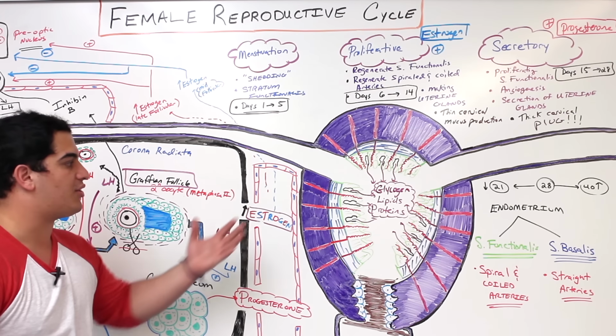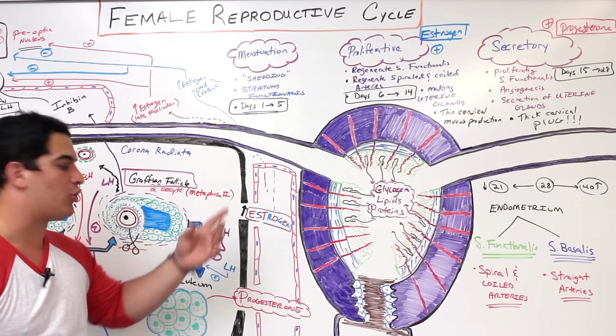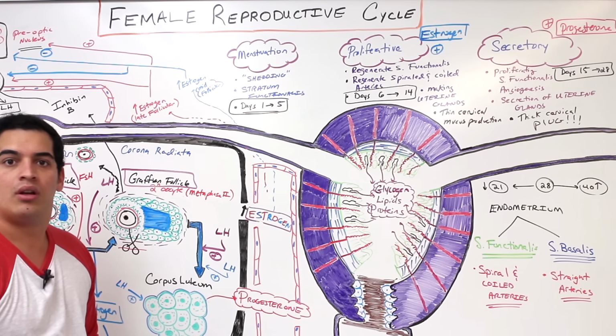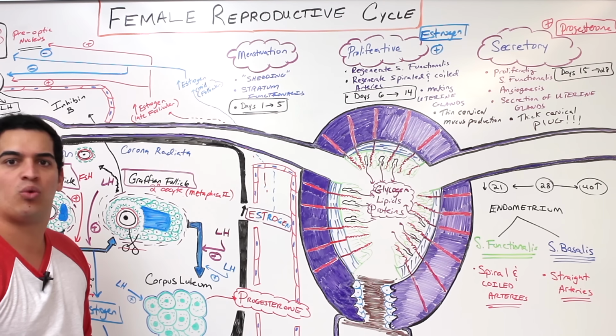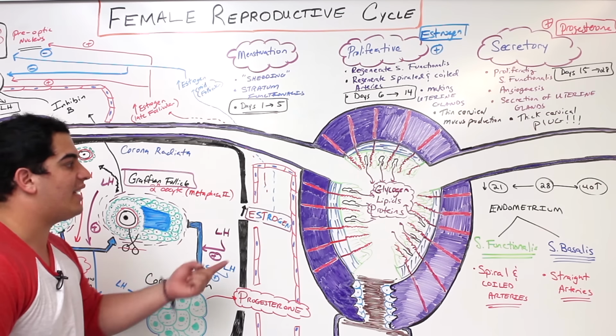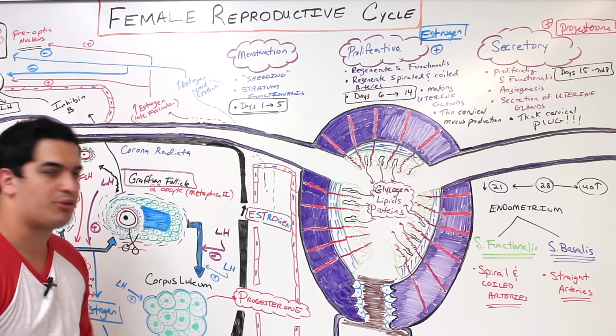If she doesn't have fertilization, the embryo isn't producing those chemicals like human chorionic gonadotropin. If it doesn't get those signals from the embryo, can the corpus luteum produce progesterone?